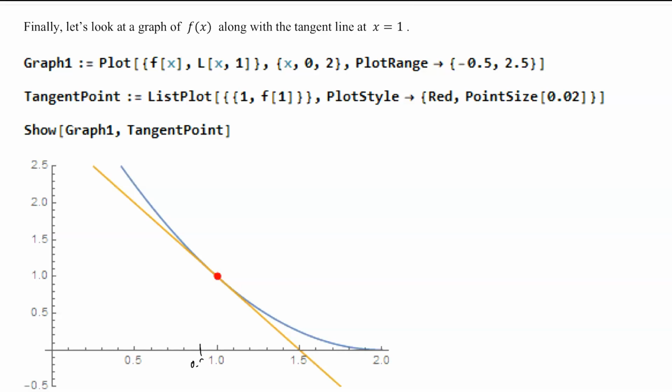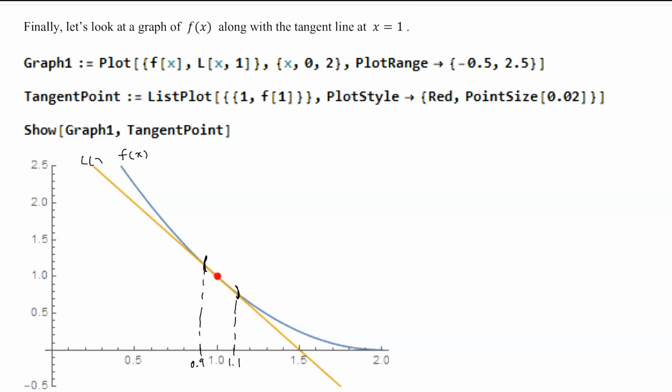Okay, and then if we look at the function f of x graphed along with the tangent line, now here again, based on my scale, I can find x values at 0.9 and 1.1, and when I go up to the curve, that's kind of the overlapping interval where I can't tell the difference between the orange and the blue, right?